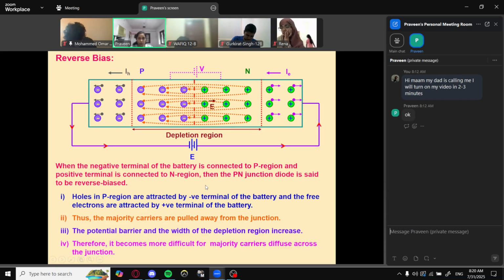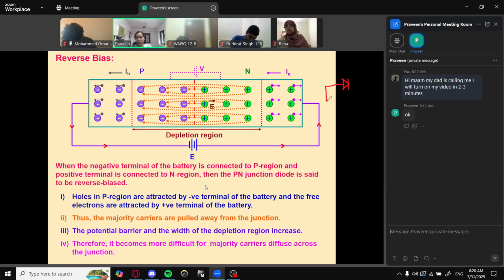Here also you can draw the circuit using a symbol. So here what will happen? This is your PN junction. Now this is P part.